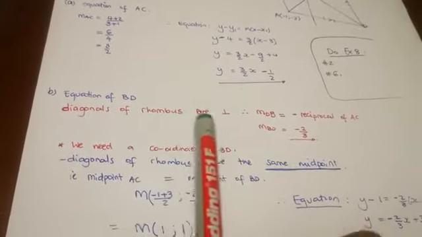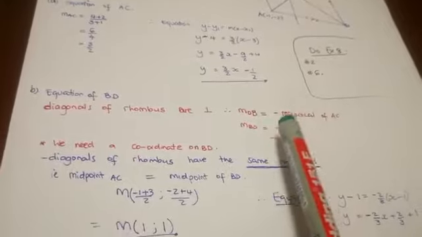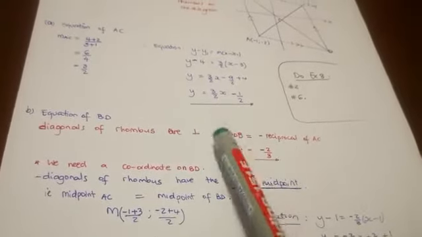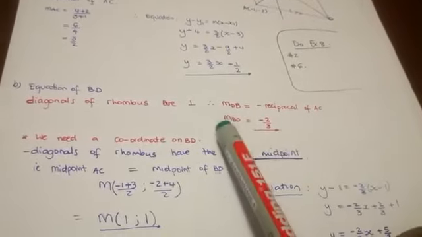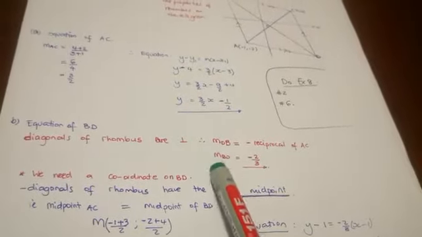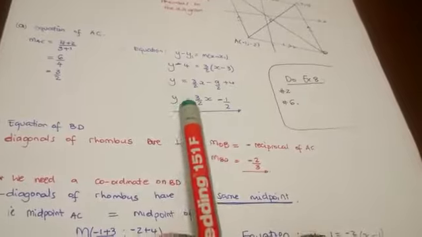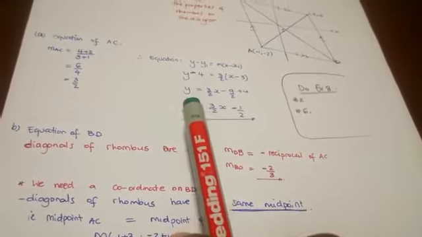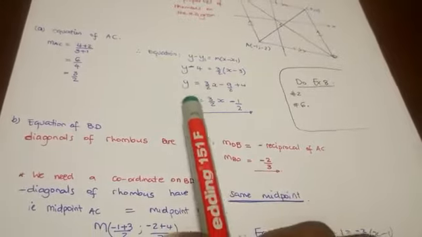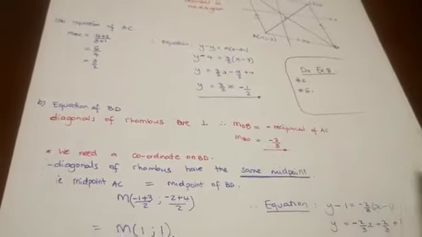So the diagonals are perpendicular, so the gradient of BD is going to be the negative reciprocal of AC. So the gradient of BD is then going to be negative 2/3, which is what I've written there.